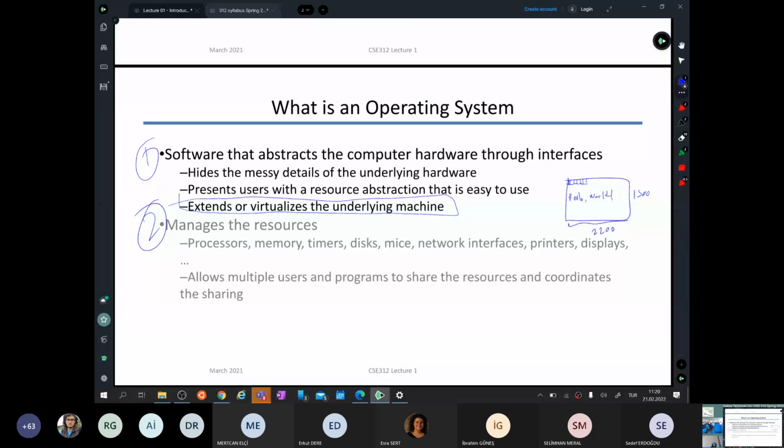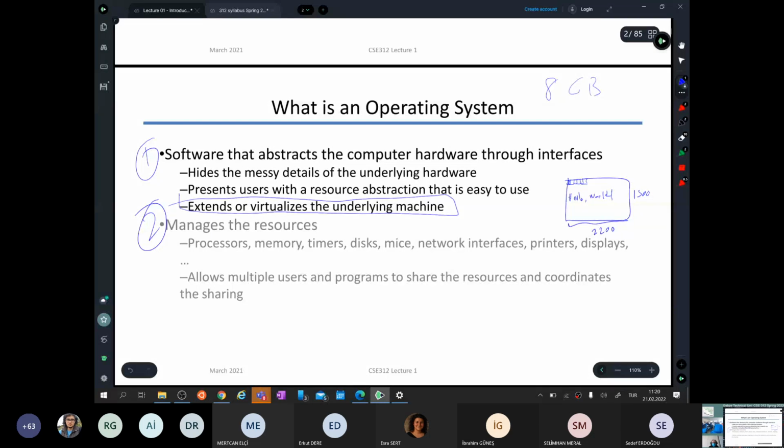So you kind of learned about this from 101, right? Do you know how many gigabytes I have on this computer? I think I have 8 gigabytes. Let me go to my task manager.